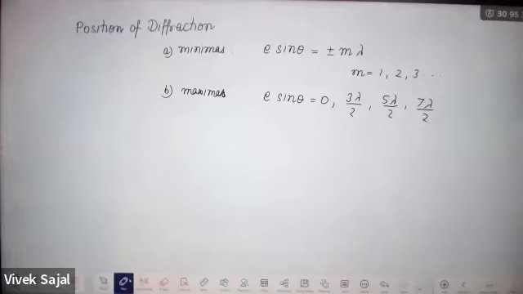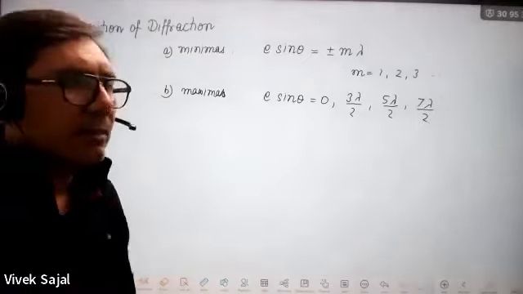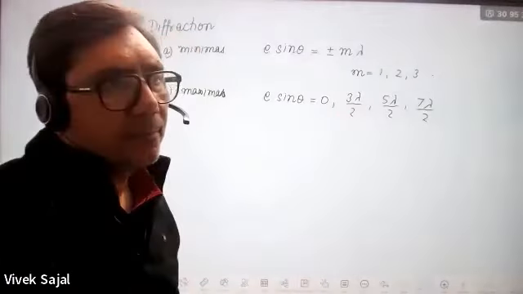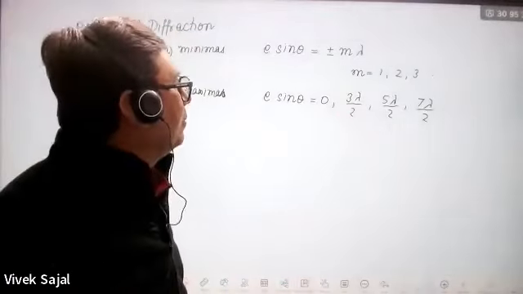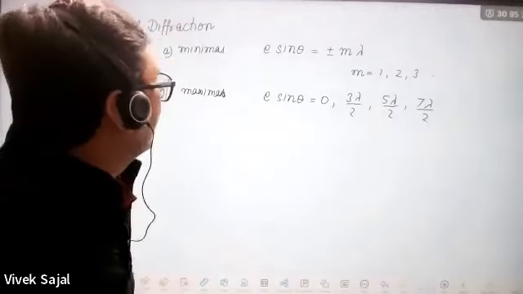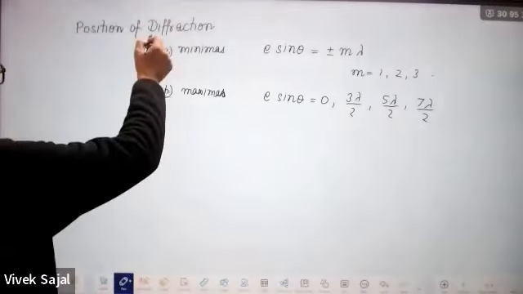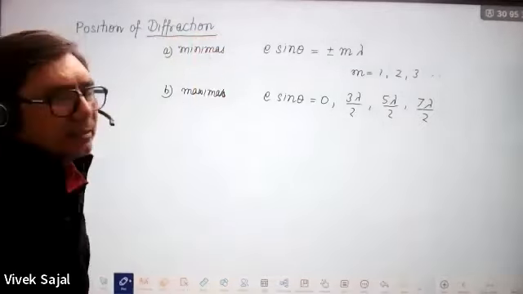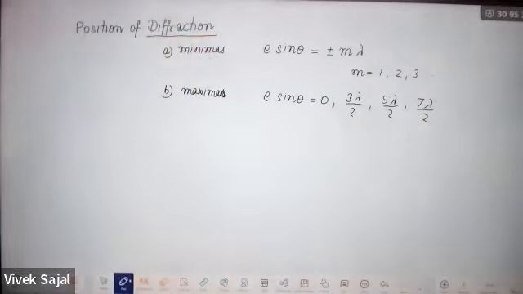You can go to the single slit experiment and check that you get these values. So diffraction maxima and minima correspond to diffraction taking place at individual slits.